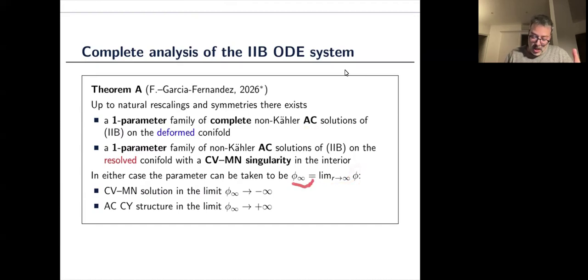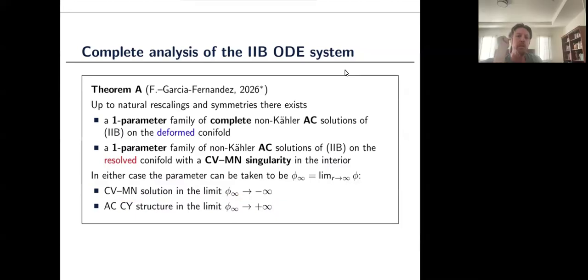Basically, when this constant goes to minus infinity, I get as a limit of the solution the explicit CVMN solutions that were already known. And at the other extreme, after doing some appropriate rescaling, I converge to the asymptotically conical Calabi-Yau solutions.